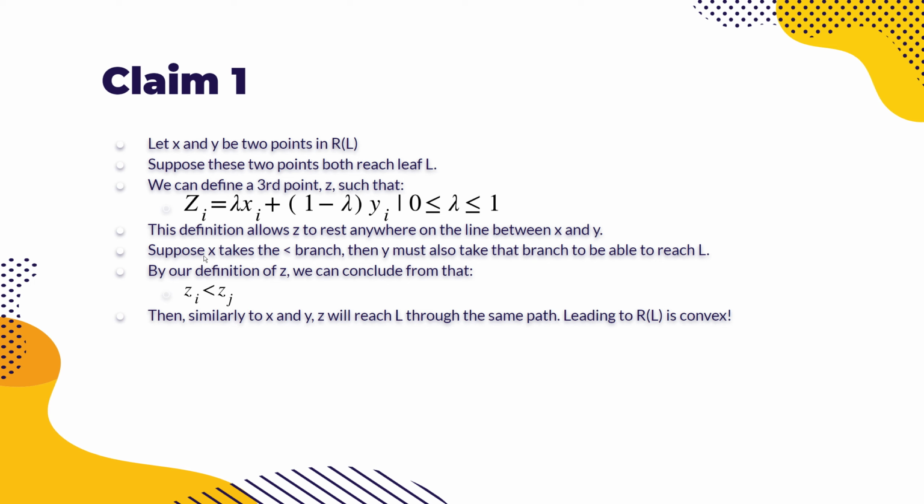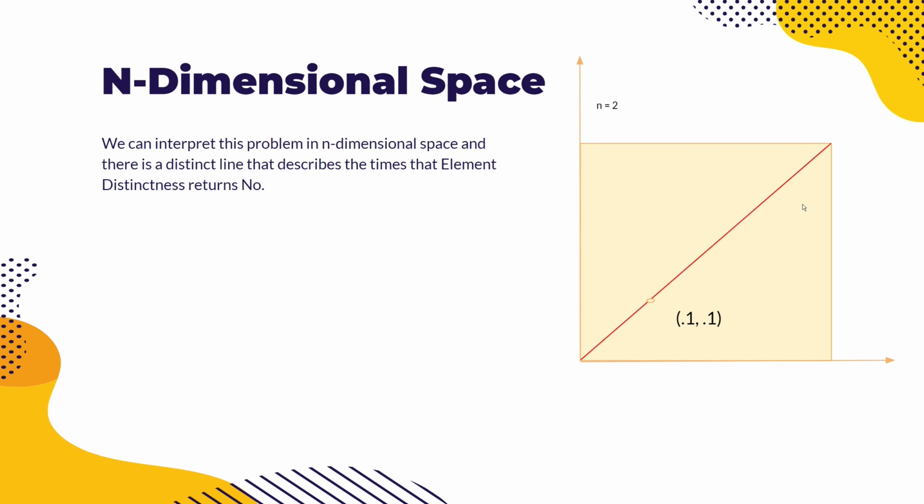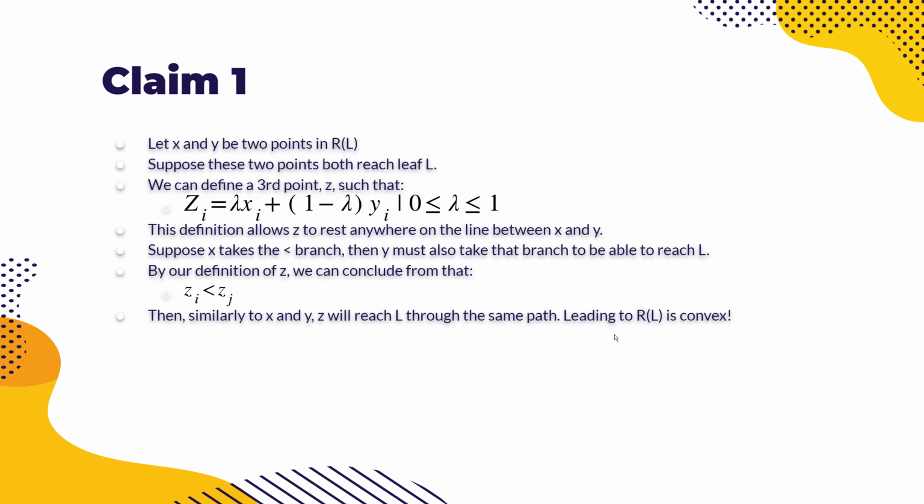So, suppose x takes the less than branch, which means that x will be down in this lower half of the square. Then y must also take that branch to be able to reach L, the same leaf, as x.